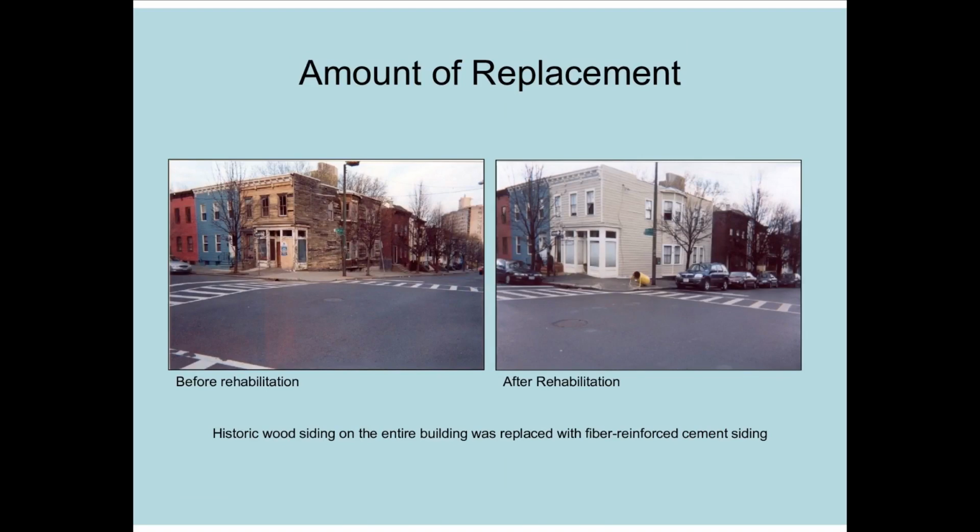When the Part 3 request for certification of completed work was submitted for this project, it was clear that the work was not completed as proposed in the earlier submissions. The entire exterior had been reclad with fiber reinforced cement siding that does not match the historic clapboard.